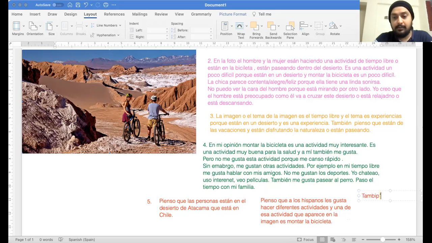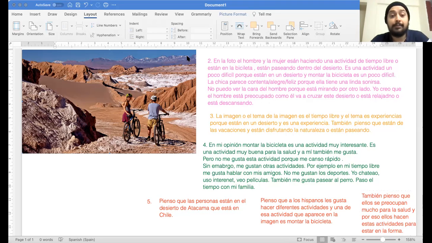También, y que no sé, también pienso que ellos se preocupan, they worry about their health, that's why they always work out. Ellos se preocupan mucho por la salud, y por eso ellos hacen estas actividades para estar en forma. Right? So these are different ways of describing the image.